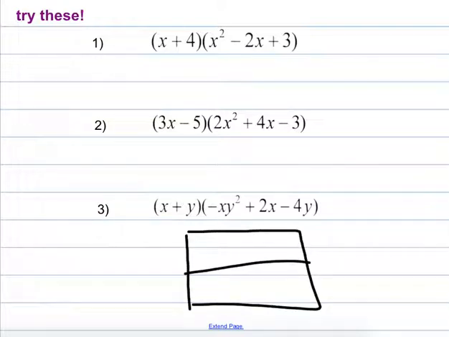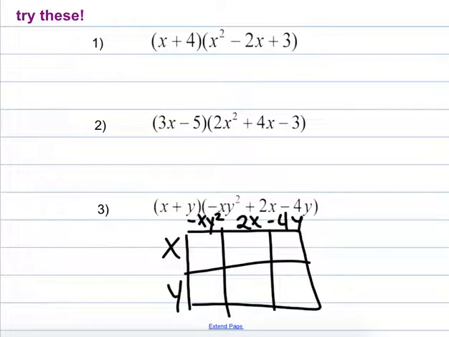So let's say I do my box method here and I get x and y, and negative xy squared, 2x, negative 4y, and we get negative x squared y squared, 2x squared, negative 4xy, negative xy cubed, 2xy and negative 4y squared.